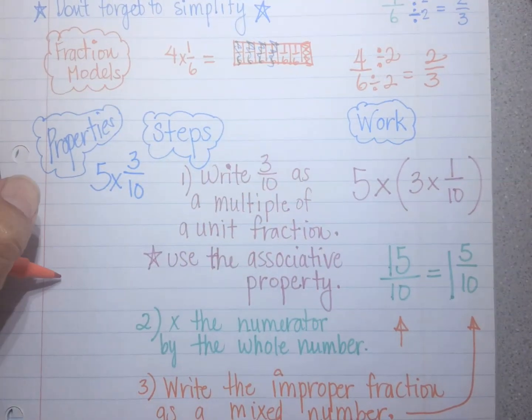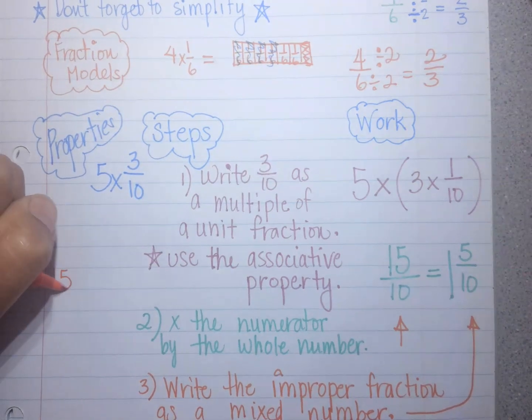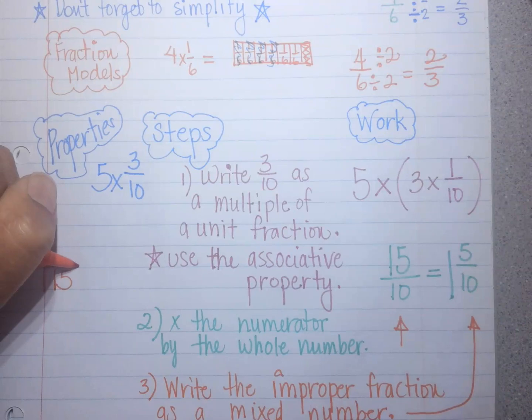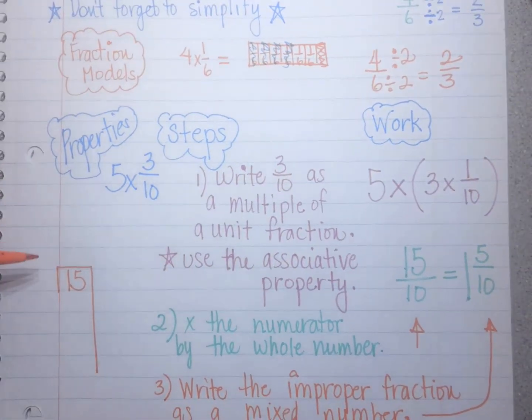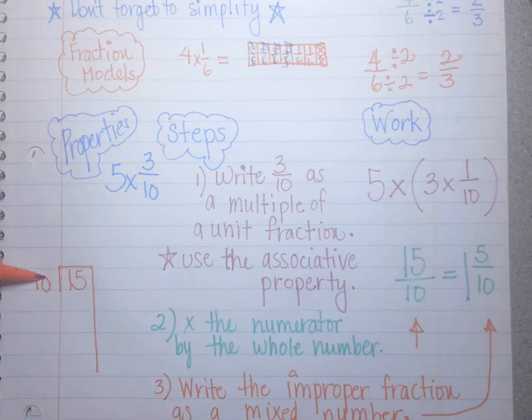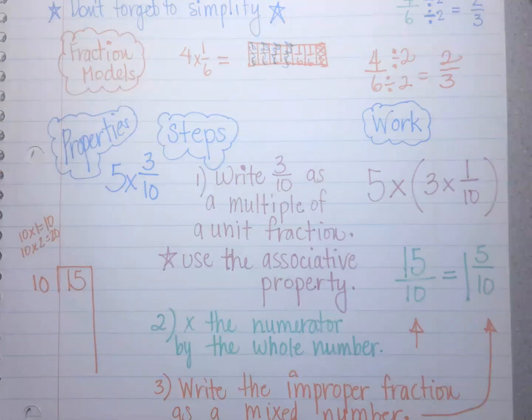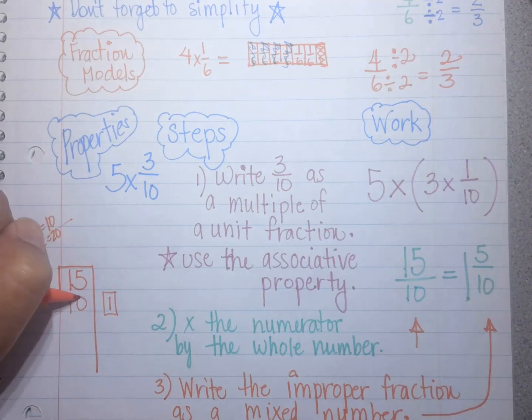I'm quickly going to point out to you that if you need to, you also have a skill that you know very well, and it is called partial quotients division. We're going to take the numerator and divide it by the denominator. I know 10 times 1 is 10, and I know 10 times 2 is 20. 20 is too big, so I have to go 10 times 1 equals 10.